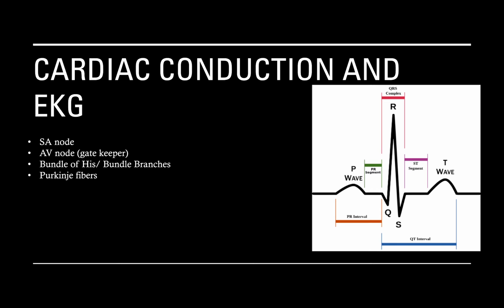The SA node causes an electrical impulse that will contract the atriums, then goes to the AV node, which is considered the gatekeeper because there is a slight pause at this point before the conduction is then sent to the ventricles via the bundle of His, which then separates into a right and left bundle branch. And then the bundle branches segment further into the Purkinje fibers. The bundle branches and Purkinje fibers will help contract the ventricles.